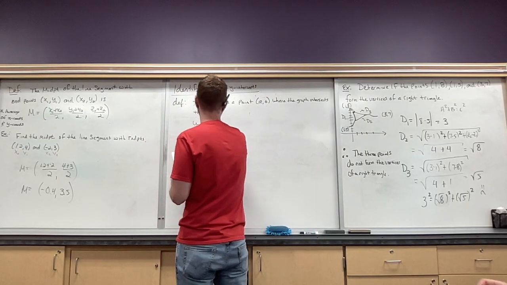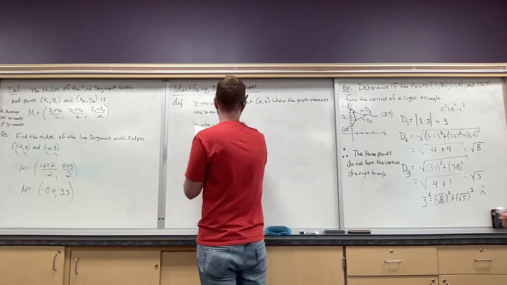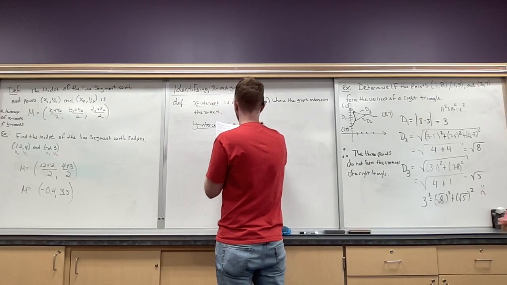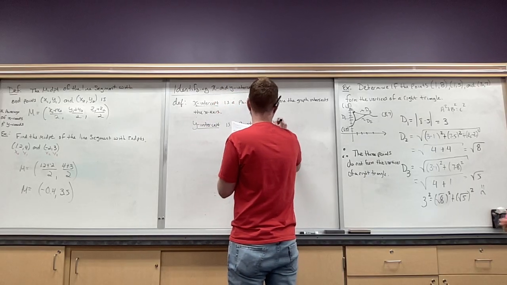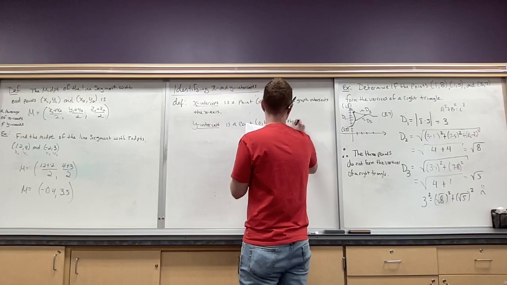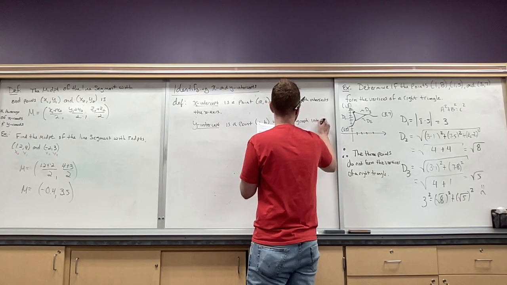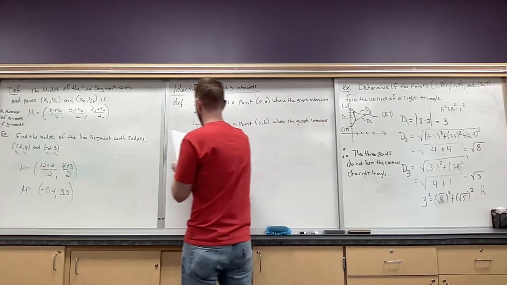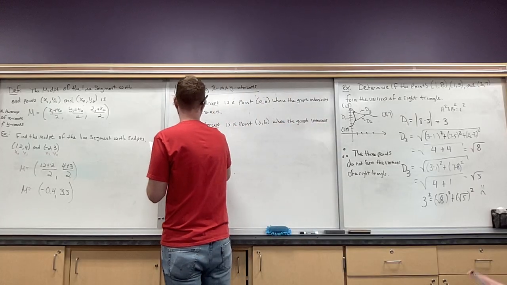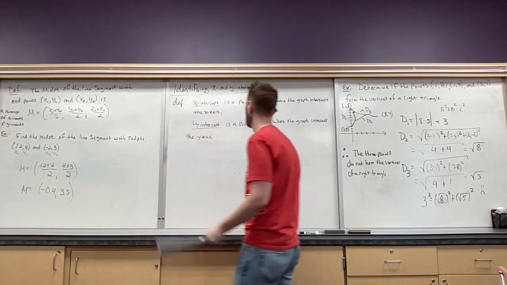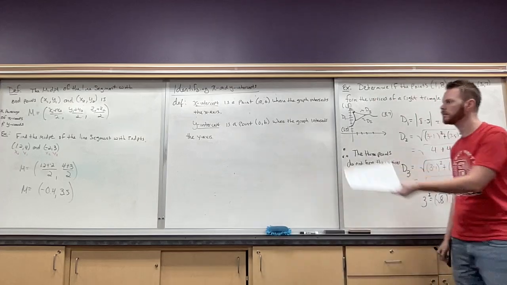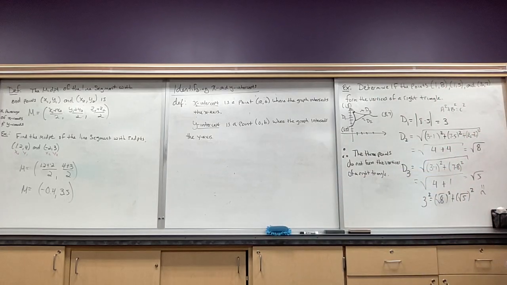Y-intercept, same kind of definition here, just flipping it. So is a point (0, b) where the graph intersects the y-axis. Okay, so in this case, I use b for whatever that number is going to end up becoming.